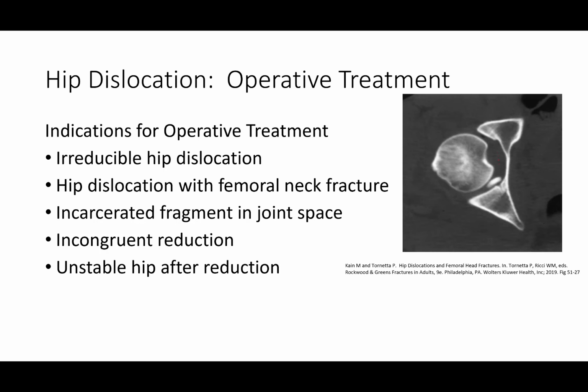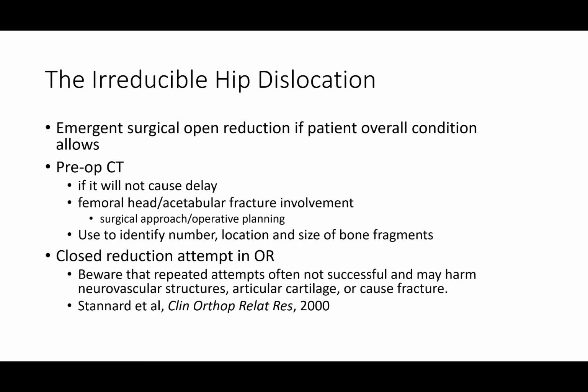Or if the hip is unstable after reduction. If the hip doesn't reduce, you may need to do emergent open reduction. I mentioned in the previous video that you do have to be careful to not cause fracture by repeated attempts.